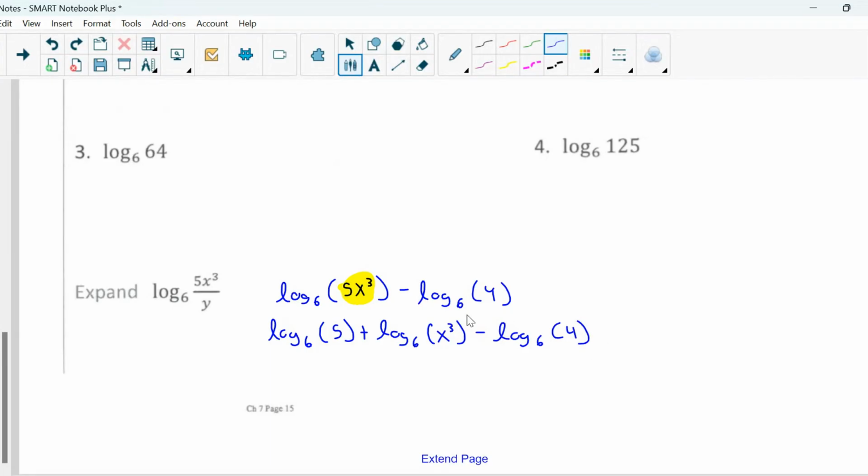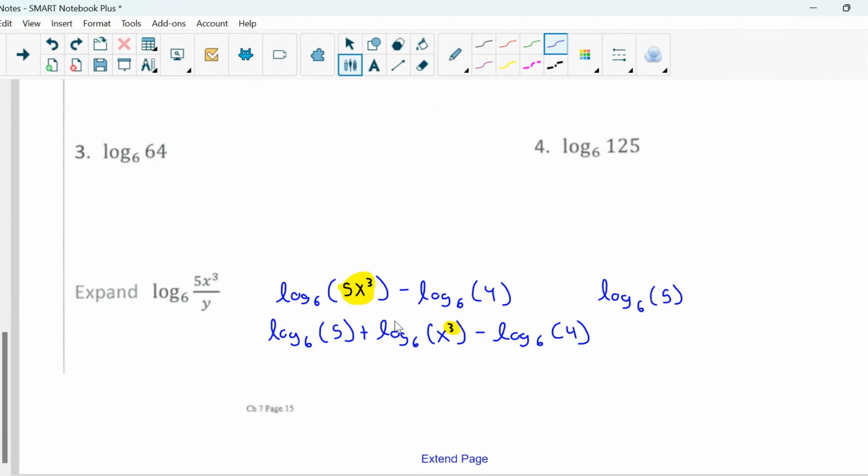Okay, so now I have no quotients, no products, but taking a look here at my middle term, I do see that I still have an exponent. So I'm going to use my power property to expand that. So for my final answer, I'm going to have log base 6 of 5.